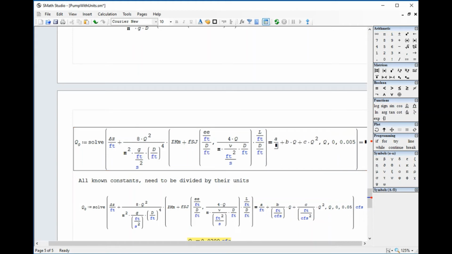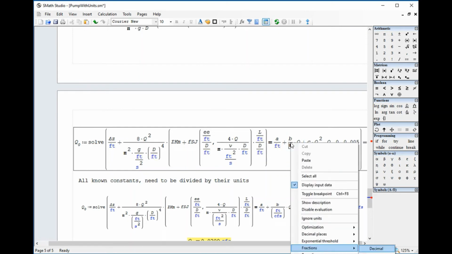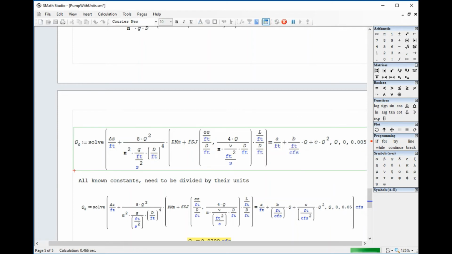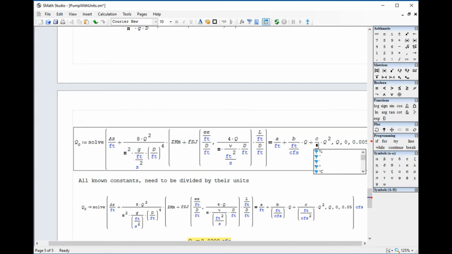So I need to divide A by feet, B divided by quote ft divided by CFS, and C gets divided by quote ft divided by quote CFS square.